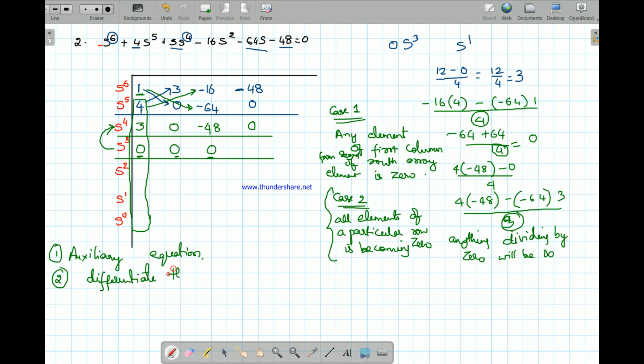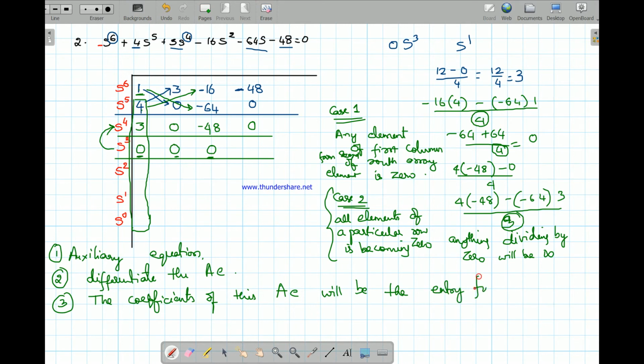Whatever the differentiated term is obtained, the coefficients of this auxiliary equation will be the entry for the row with zeros.